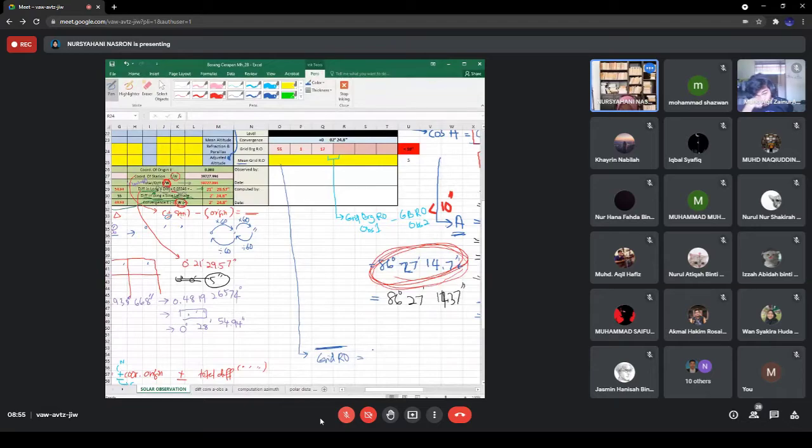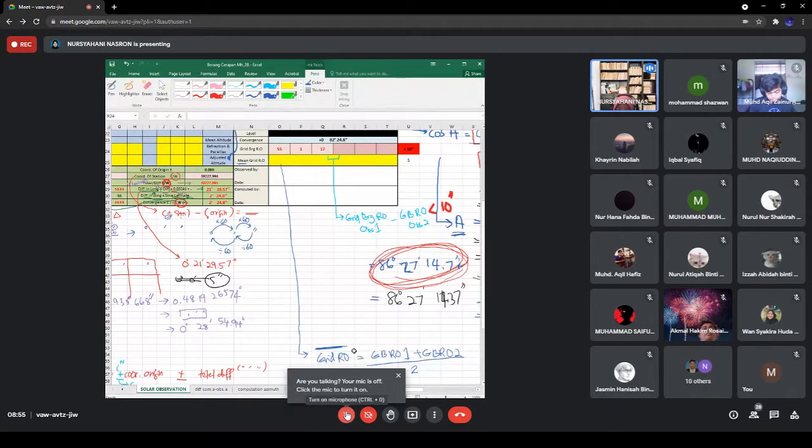So we sum the grid bearing RO1 plus grid bearing RO2, divide by 2. Okay, good. Get it?